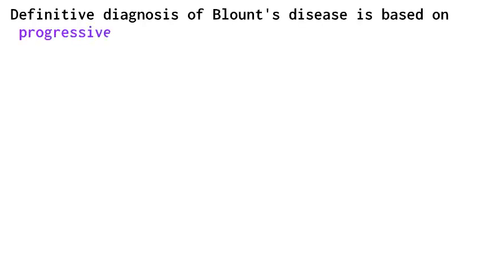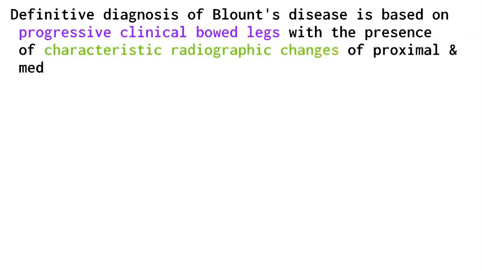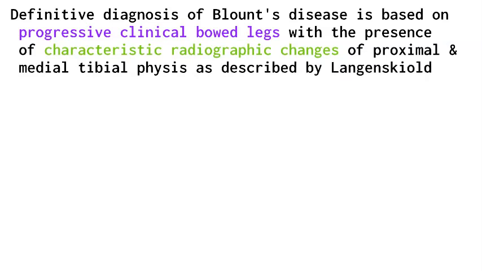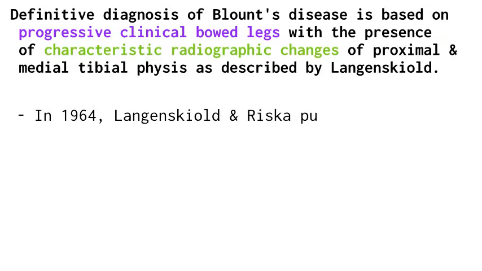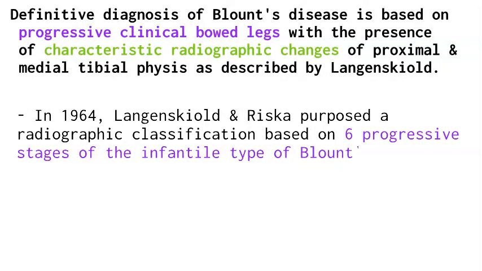Definitive diagnosis of Blount's disease is based on the progressive clinical bow legs with the presence of characteristic radiographic changes of the proximal and medial tibial physis as described by Langenskiöld. In 1964, Langenskiöld and Riska proposed a radiographic classification based on 6 progressive stages of the infantile type of Blount's disease.